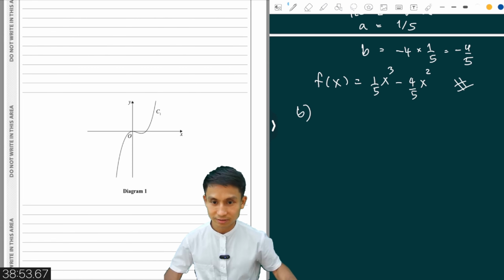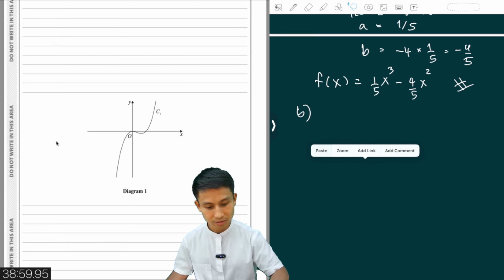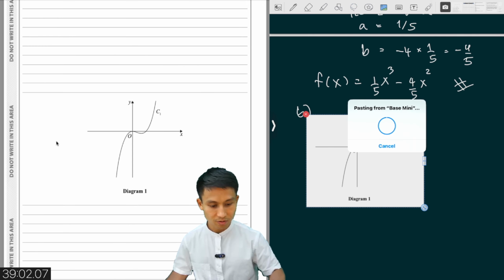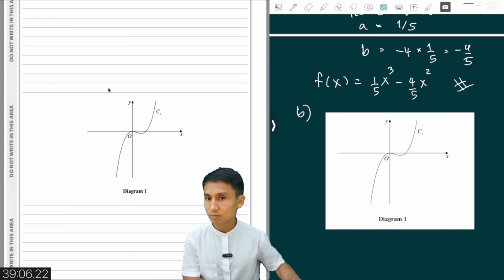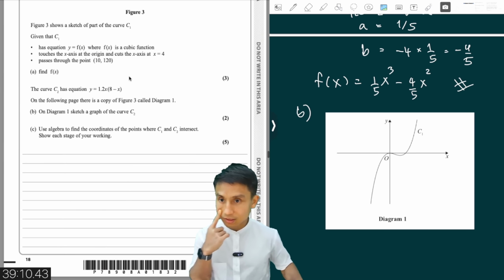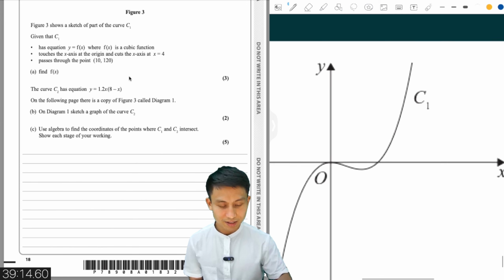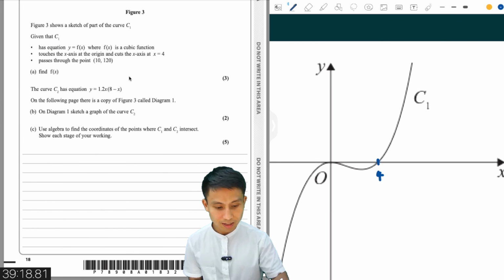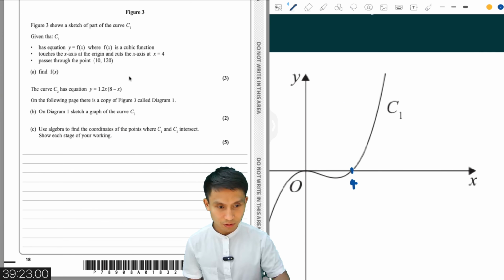There you go, that is the graph. So we're going to sketch the curve C2. Because 4 is kind of like here, this is where it intersects at 8.